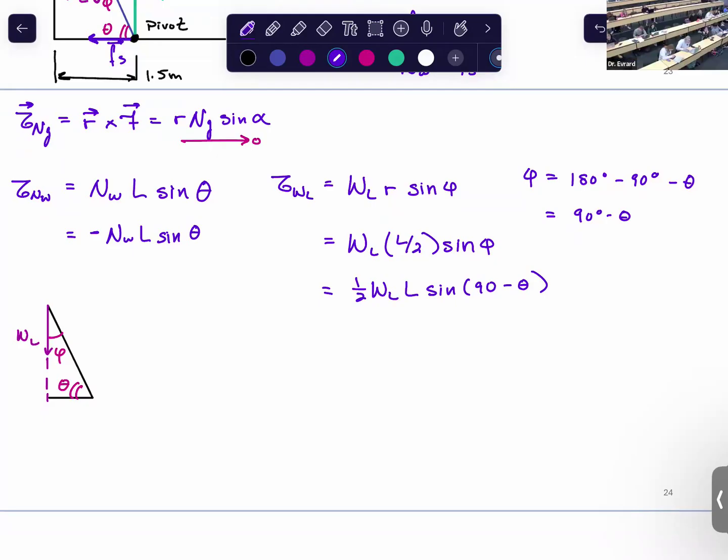The sine wave is 1 at 90 degrees, and the cosine wave is 1 at 0 degrees. So if I shift that peak from 90 to 0, that's a phase shift of 90 degrees, which gives me my cosine wave. You're just moving it over by a certain number of degrees.